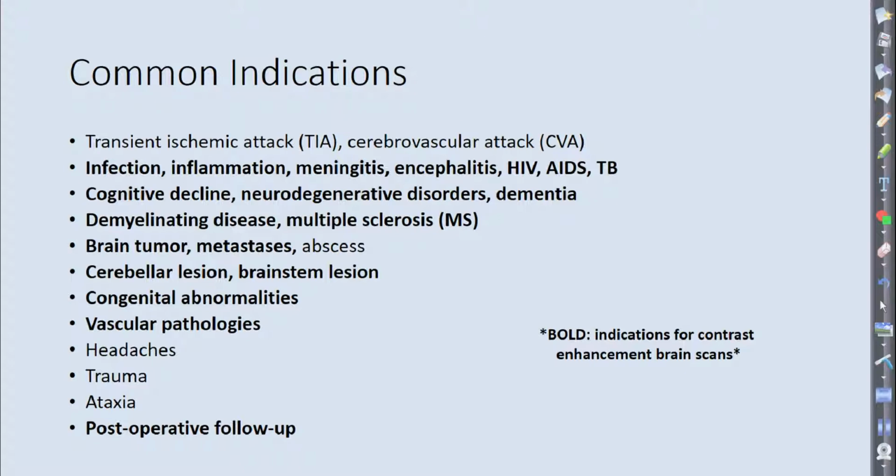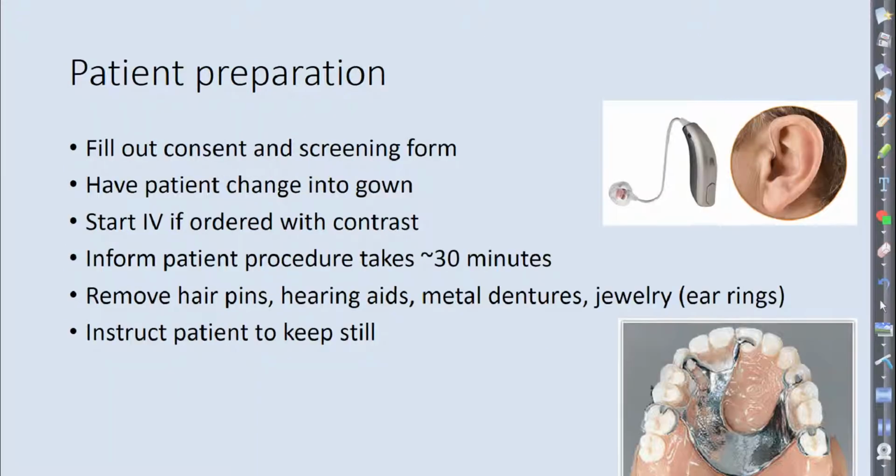If they don't have that on the order, consult with your radiologist first and say, hey, it looks like I didn't order this for this patient. Do you think we should have this scan with contrast? And they'll be like, of course. Then you have to call their ordering physician's office and have them fax over a new order. So you have to be clued in on what certain pathologies require a certain type of imaging.